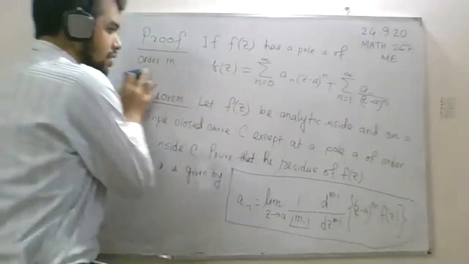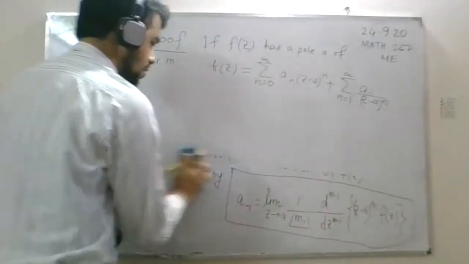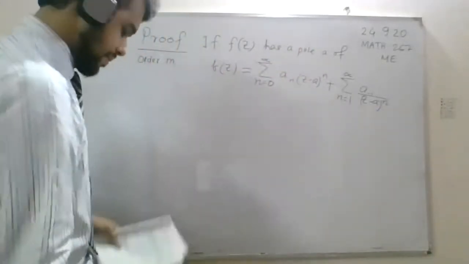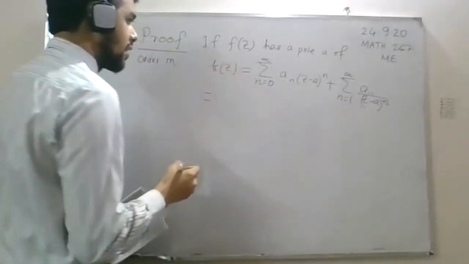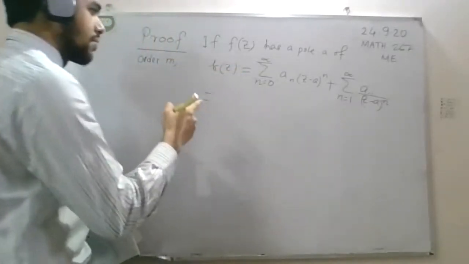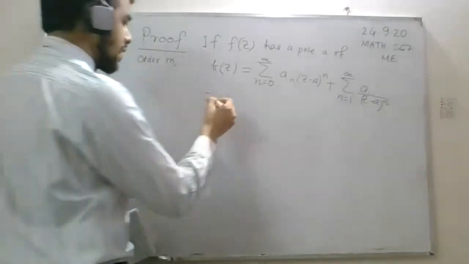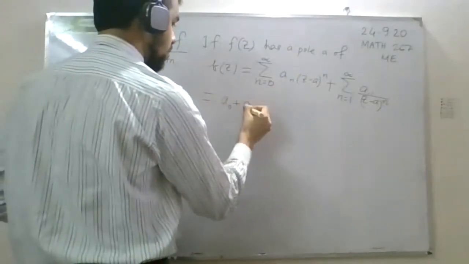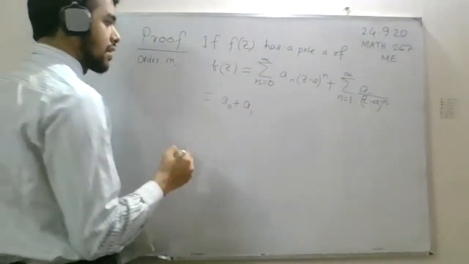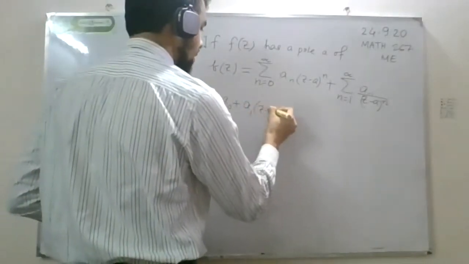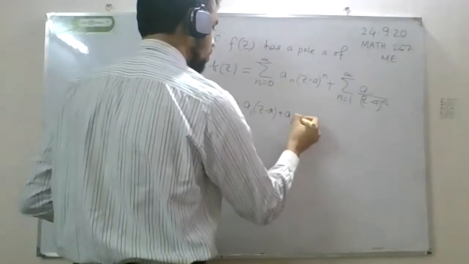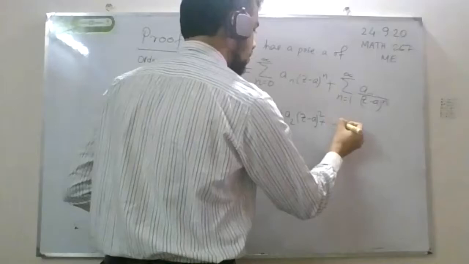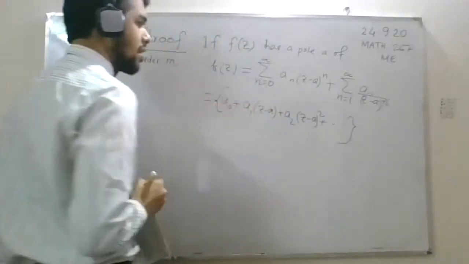Now you can write these things in this way: if you put n equals 0, you can get a naught, and if you put n equals 1, you can get a1 into z minus a, and also a2 into z minus a whole square. Okay, and after that, for the infinity term, you can write these things.